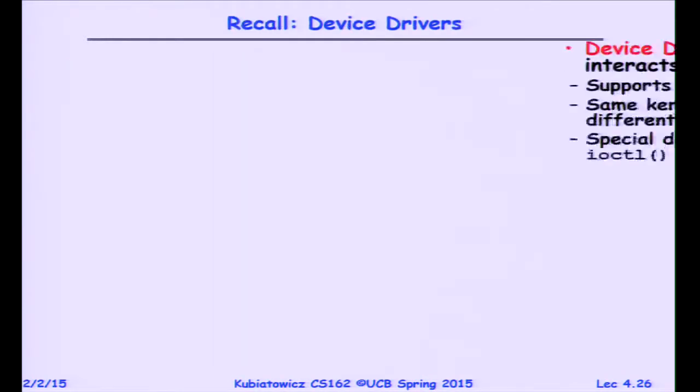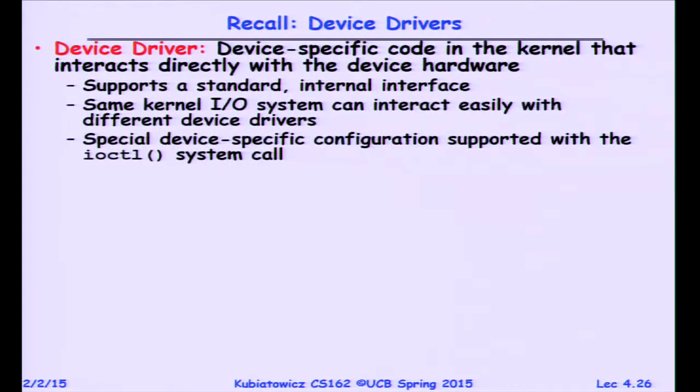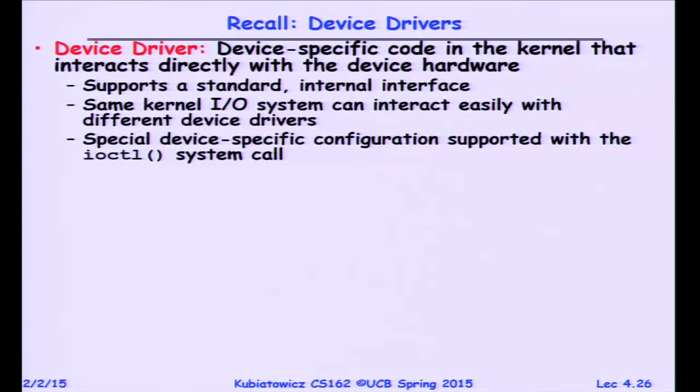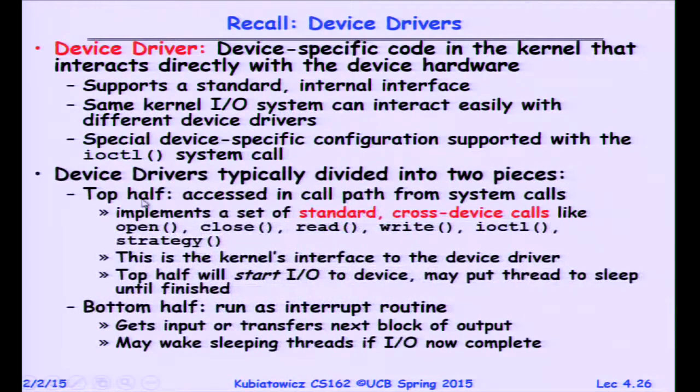Okay. So then finally, we talked about device drivers. This is the very lowest level. So this is file system level, but the file system uses a disk drive. So somewhere there's a device driver for the disk drive, and this is device-specific code for that particular disk drive. And it has two halves, top half and bottom half.